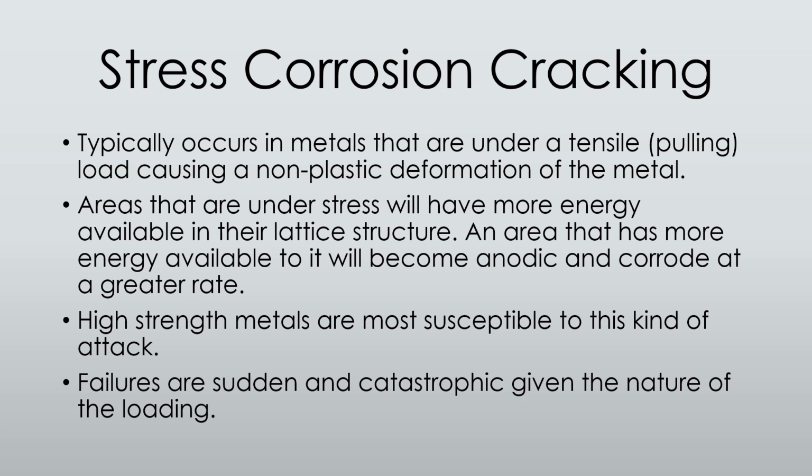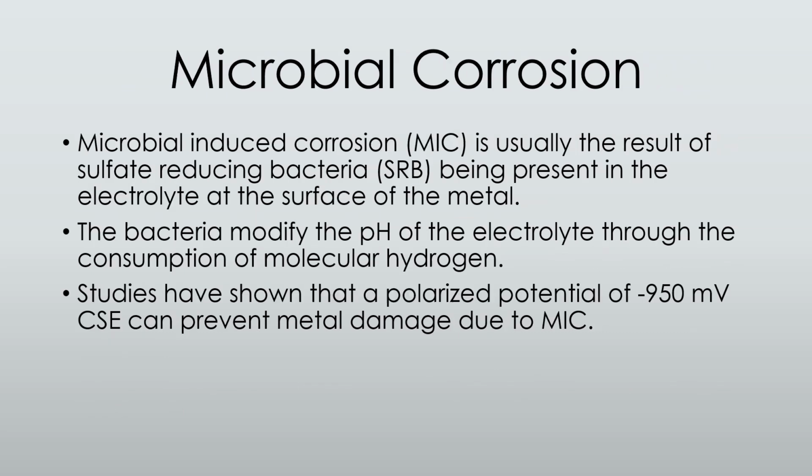High-strength metals are most susceptible to this kind of attack, and the failures are sudden and catastrophic given the nature of their loading. If you have a high-strength metal, you probably have a requirement that it's under a load already. So when you forge the alloy to be high strength, you give it this natural weak point. And unfortunately, when it does fail, it fails suddenly.